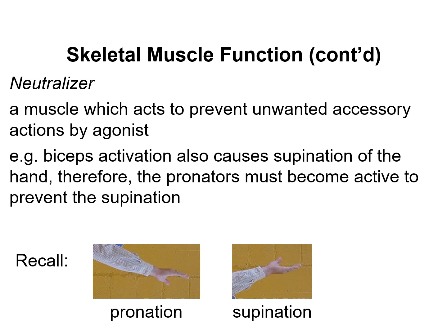The rectus femoris causes knee extension and hip flexion. So we need a neutralizer to produce hip extension so that when we activate the rectus femoris for knee extension, we just see that knee extension.